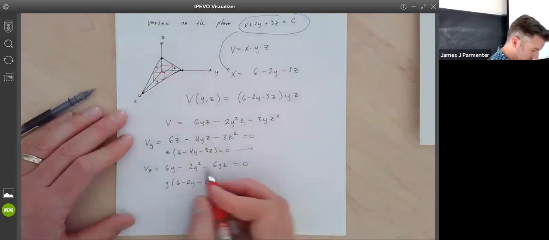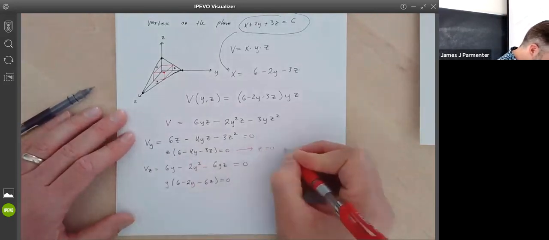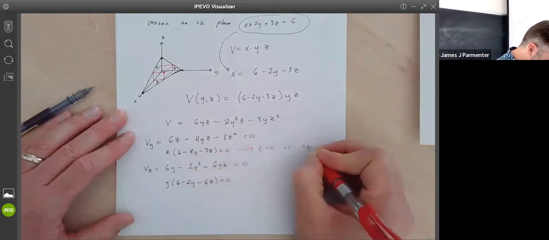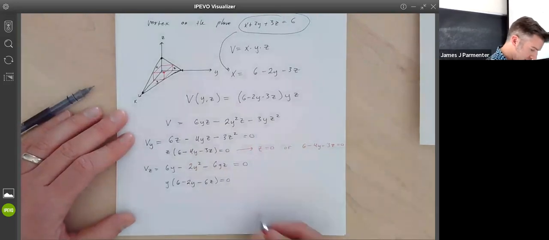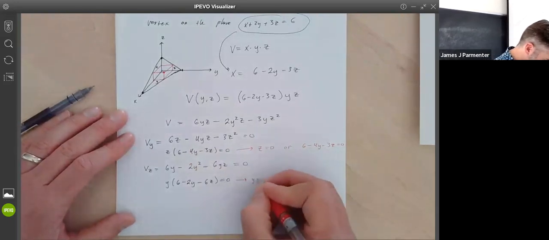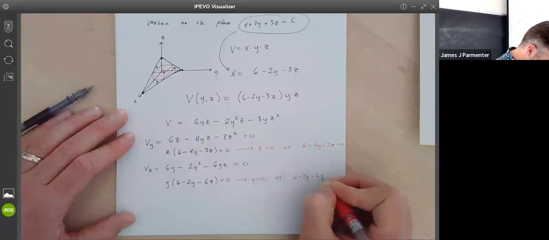To find the critical points, I'm going to set each factor equal to 0. So either Z equals 0 or 6 minus 4Y minus 3Z equals 0. And here, either Y equals 0 or 6 minus 2Y minus 6Z equals 0.